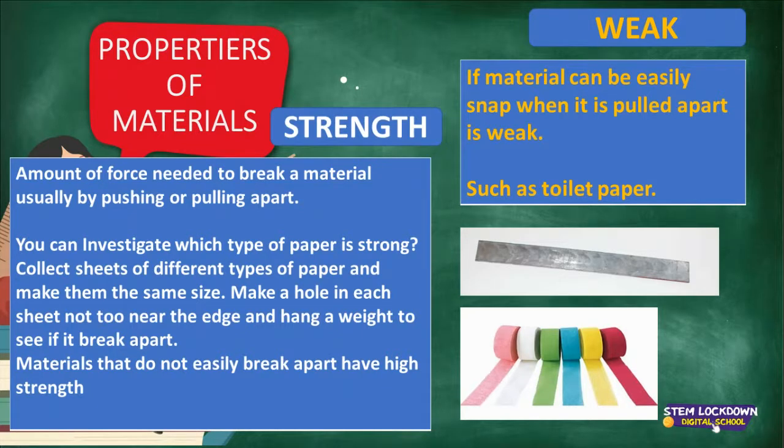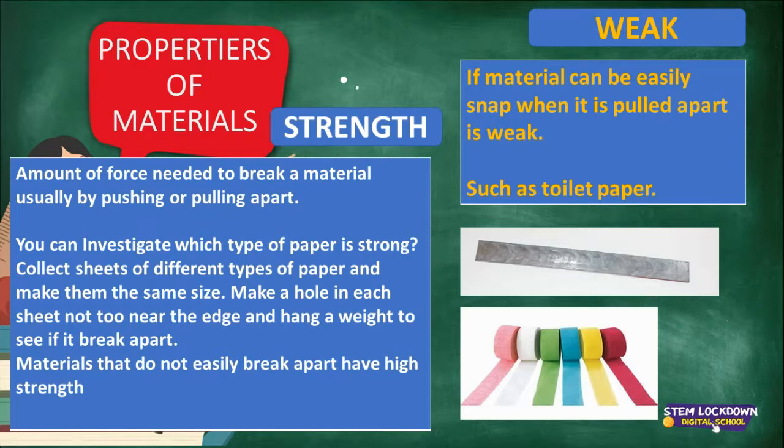But because we are scientists, most of our reasoning is based on investigation. You first have to investigate using the method that I've shown you on the part of the strength, where you hang different sizes of papers, because we are still in grade 4.